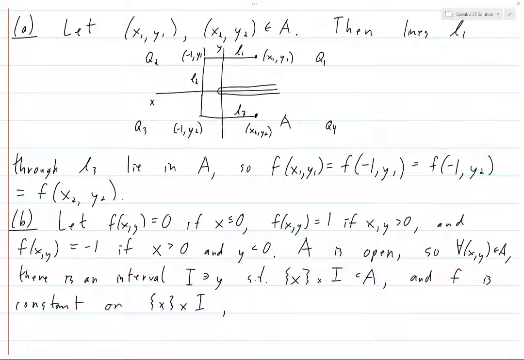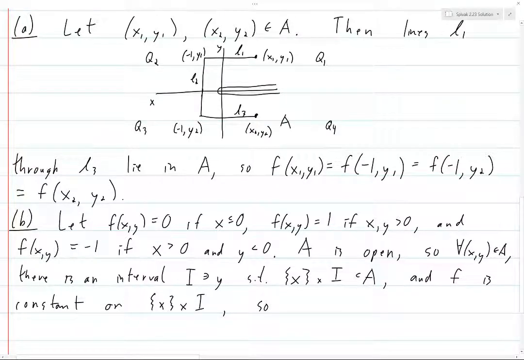However, if x is greater than or equal to 0, then the point x direct product with I will lie either entirely in Q1 or entirely in Q4, and in either case it's going to be constant. Okay? So f is constant on this.